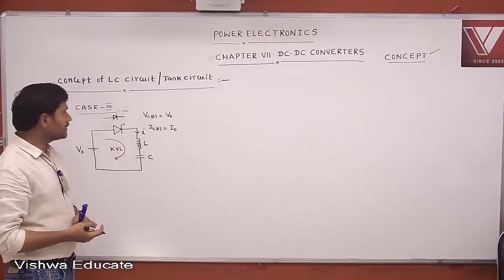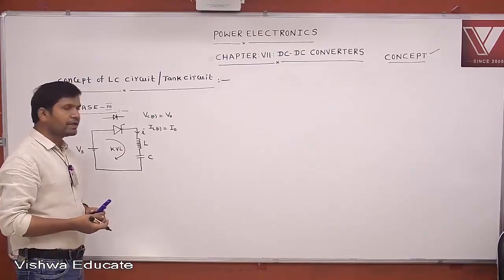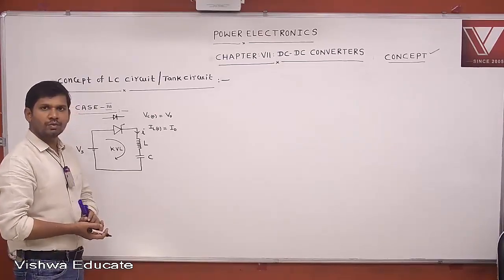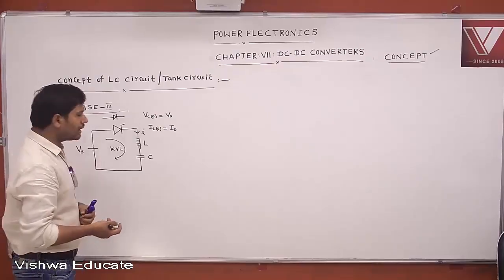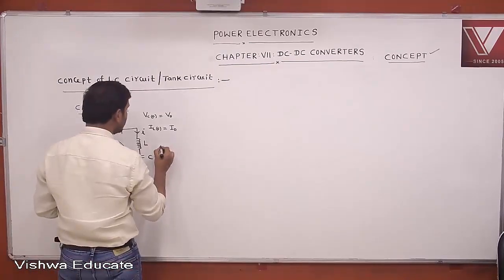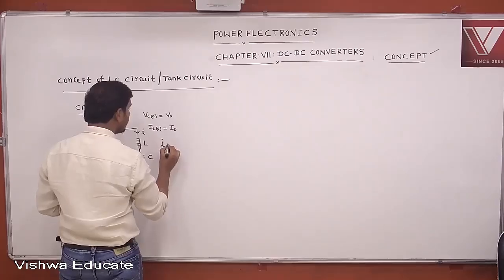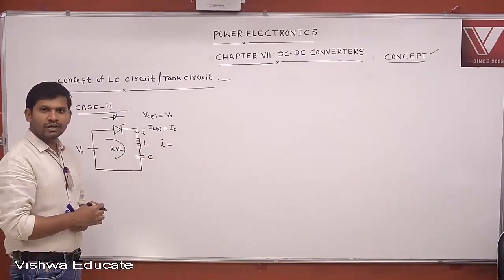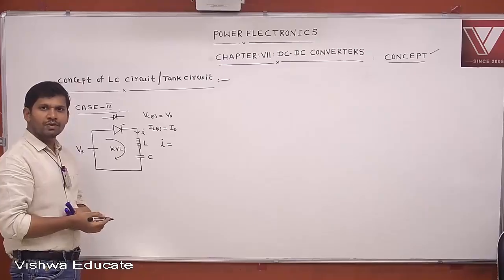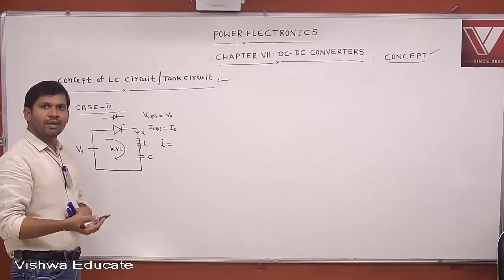In the previous case, I considered only the initial voltage across the capacitor, not the initial current in the inductor. Now both are considered. Then what is the expression for I? Directly I am writing the same: apply KVL, substitute initial conditions, apply Laplace transform, then apply inverse Laplace.